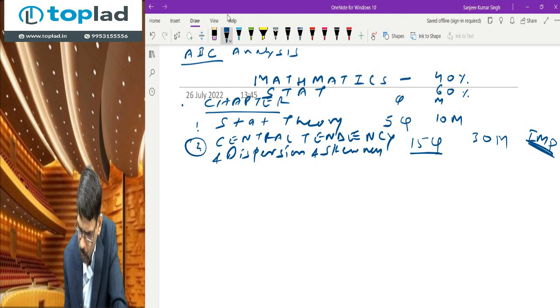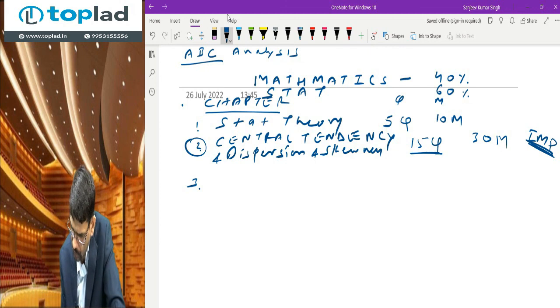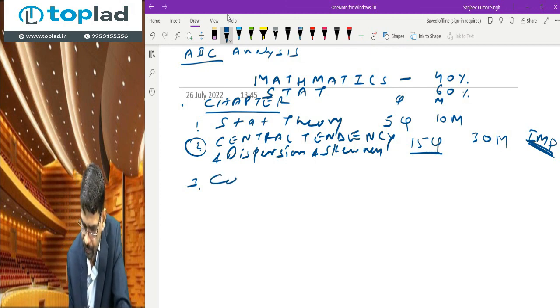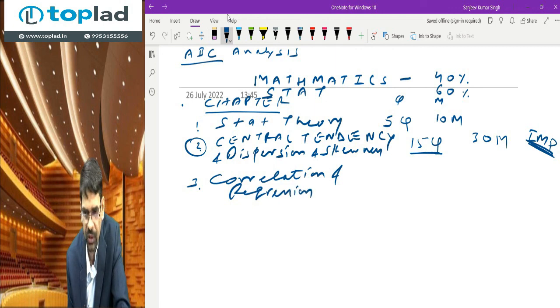Now move on to the third one. The third one is correlation and regression.